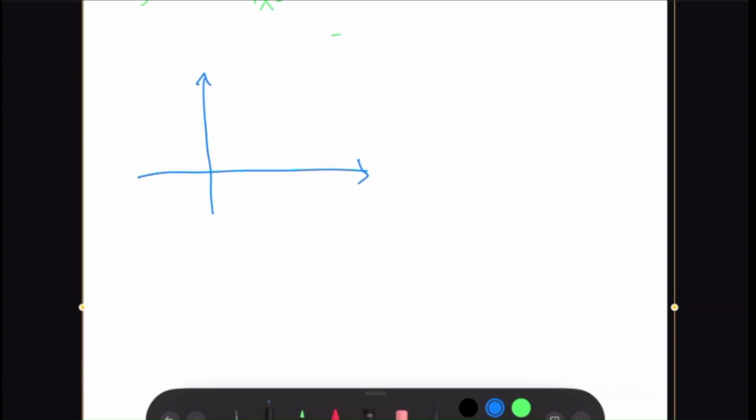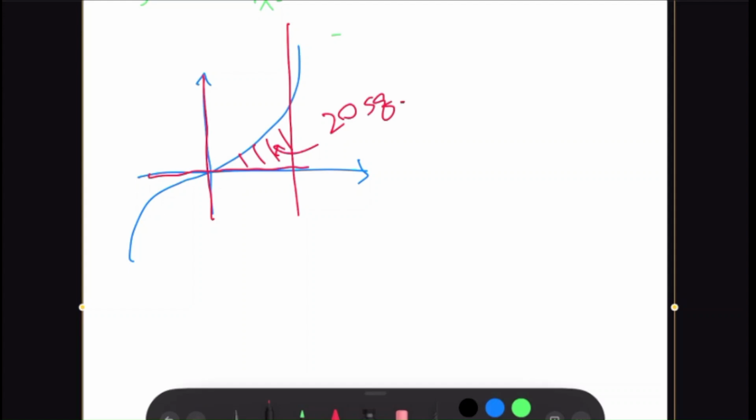So imagine we have y equals x cubed, like that. And then what we're being told, round it, it should be 2.99 or something like that. So what we're being told is that line, and that line, so that this is 20 square units.